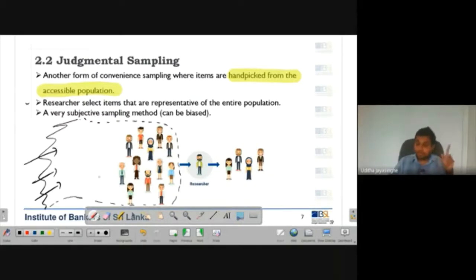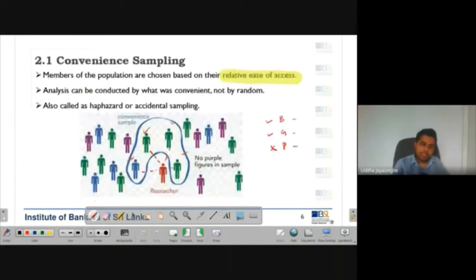So remember, there are parts of the population which are not accessible to the researcher. So there may be some important elements he or she is going to miss when collecting data. So this is also a very straightforward and easy thing to understand. Again, I reiterate, what's the difference between judgmental and convenient?